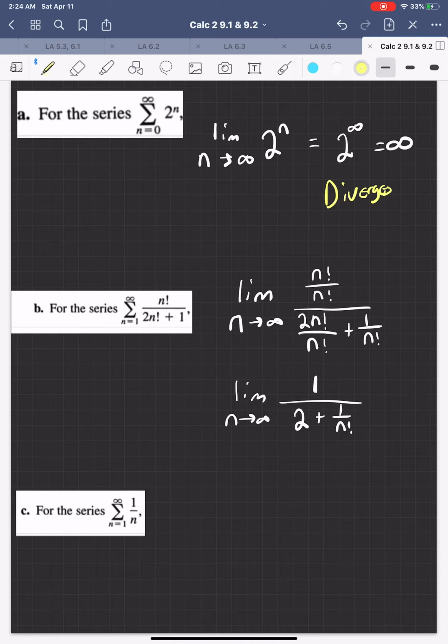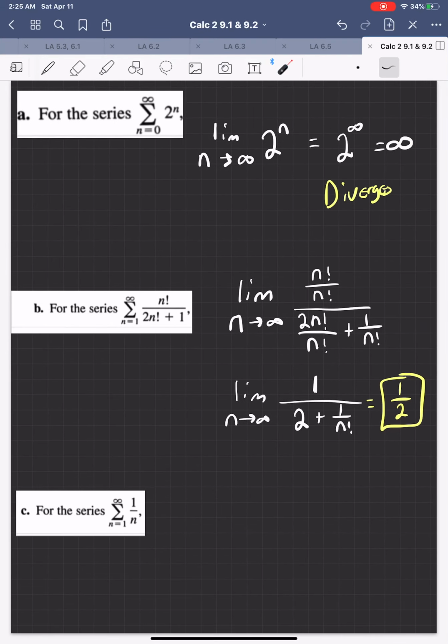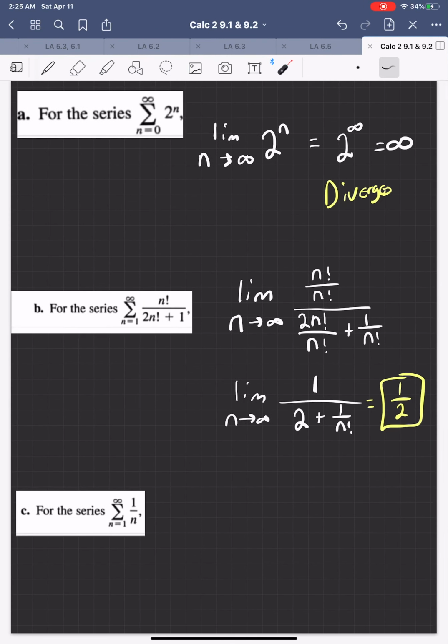So we end up with 1/2. If the limit as n goes to infinity of a sub n does not equal 0, and this does not equal 0, then it diverges. So we get to make a statement: diverges.